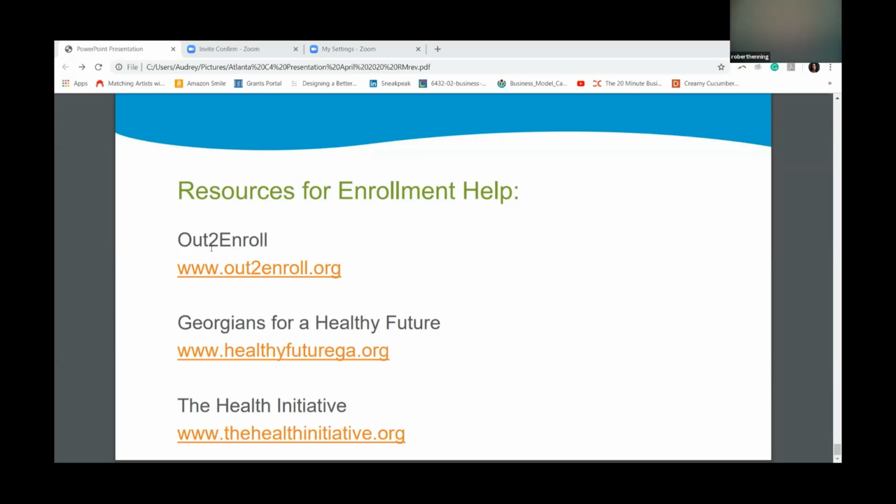And if I could also mention, in addition to looking up your doctor, there is also a tool on healthcare.gov where you can look up your prescriptions as it relates to plans that you're considering. If you're on a specific medication and you want to make sure that your plan covers it, you can look that up on healthcare.gov as well.